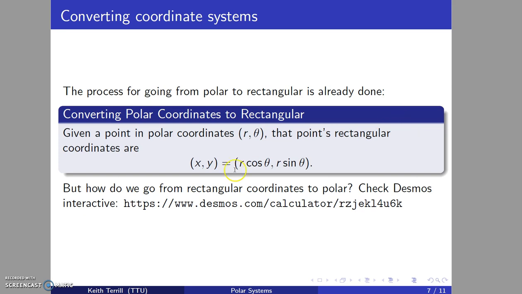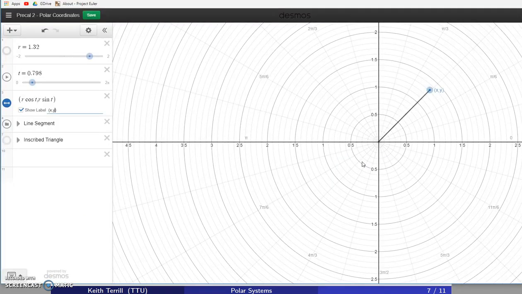We have seen this formula before. If you're out here at, say, r cosine theta, r sine theta, then there it is, x comma y. I already covered this: a triangle inscribed in our circle.